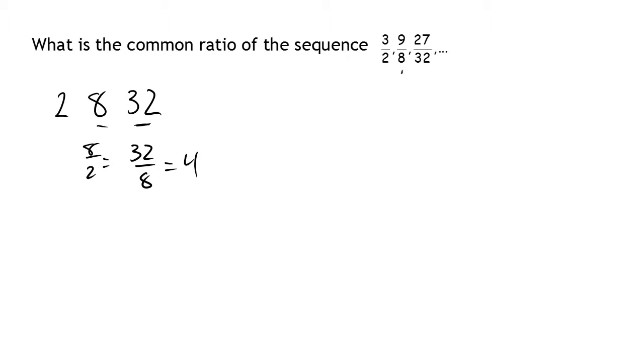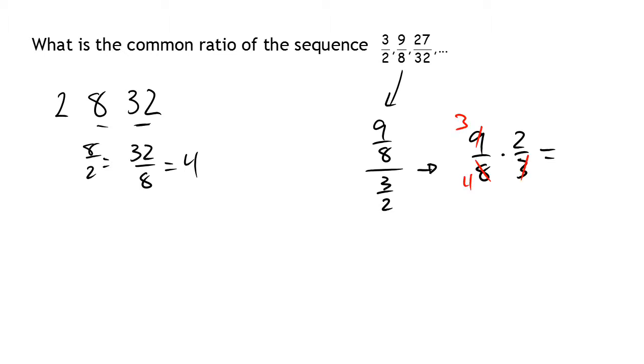So I'm going to take this value 9/8 and divide it by 3/2 to get the common ratio. So I'm looking at 9/8 times 2/3. And we can simplify that some, obviously. There's a common factor of 3 here, and there's a common factor of 2.